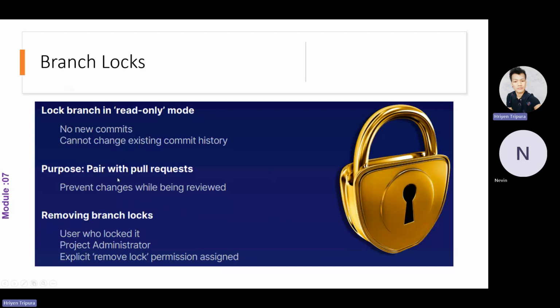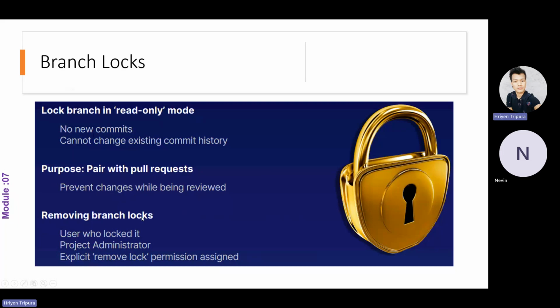Then we have a branch lock. Why is a branch lock used? Basically, a branch lock puts the branch in read-only mode: no new commits, and you cannot change existing commit history. You can use it paired with a pull request, or to prevent changes while being reviewed.